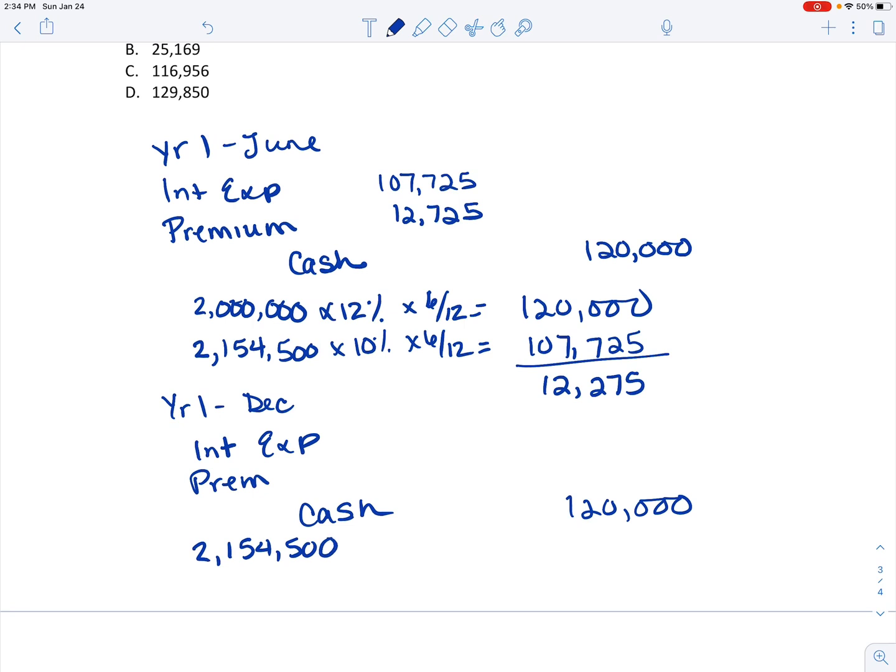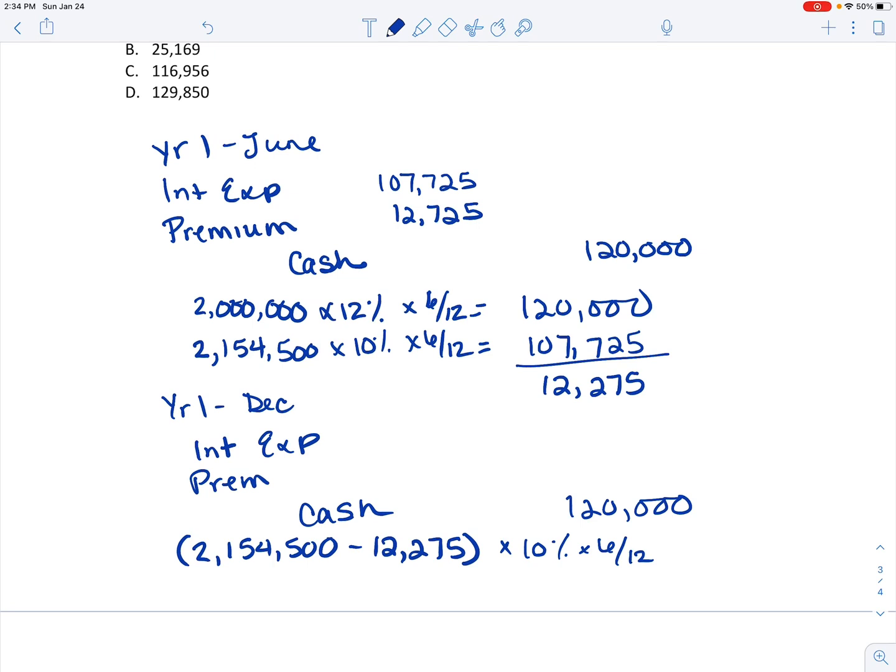2154. We're going to subtract what we've already amortized, and then go ahead and multiply by our yield, and that's 6/12.